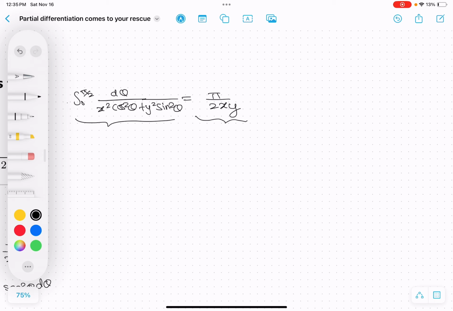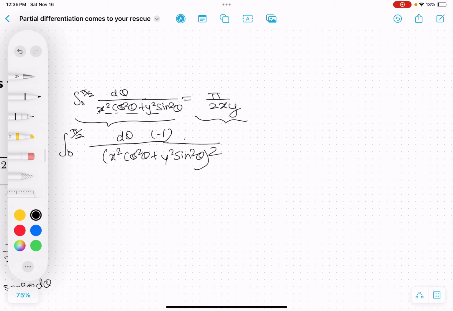So partial differentiation can go inside the integral, because an integral is just a sum. So this will be d theta divided by, basically this is to the power of minus 1, so there will be minus 1 times this thing to the power 2, right? And then if we use the chain rule, we have to differentiate this expression only.